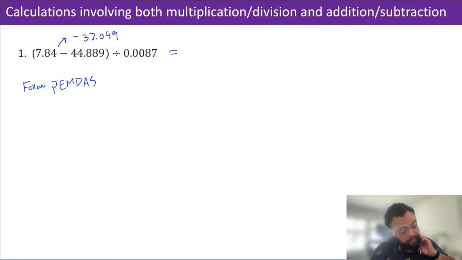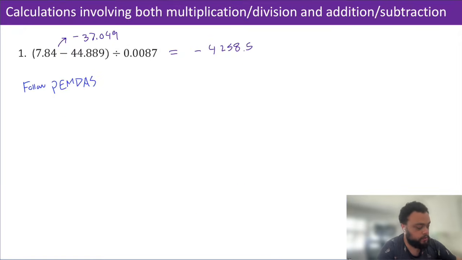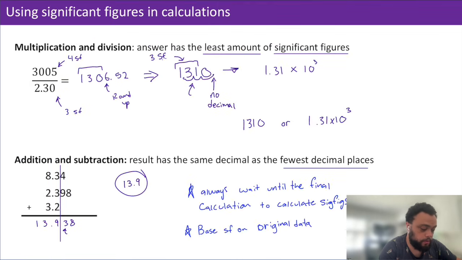And when we divide that by 0.0087, we get the number negative 4,258.5 or thereabouts. Now remember, you want to base the sig figs on the original data. So it looks like this is going to be our original data that we're basing something off of. You also want to wait until the final calculation to calculate sig figs.